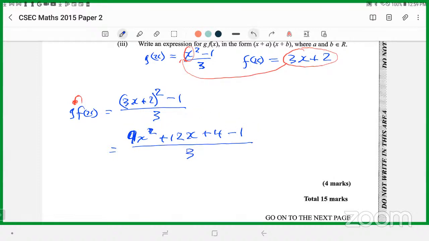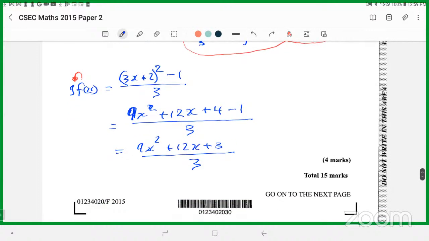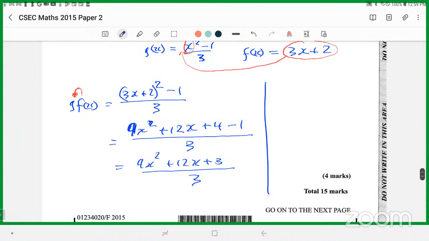Consolidate the values on the numerator. We get 9x squared plus 12x plus 3, 4 minus 1 is 3, all over 3. Then all of these can be divided by 3. So divide each of them by 3. This divided by 3 is 3x squared. This divided by 3 is 4x. This divided by 3 is 1.